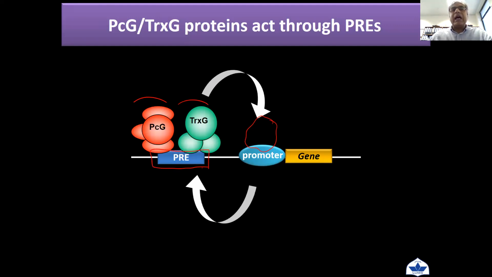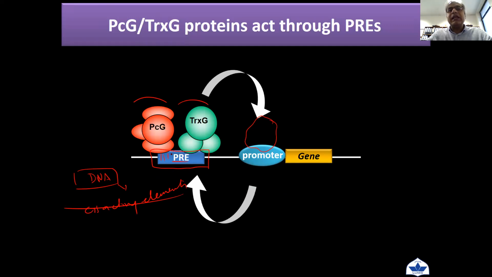In the late 80s and early 90s, it was shown that Polycomb and Trithorax bind to characteristic, very specific DNA sequences, which are cis-acting elements. They were referred to as Polycomb response elements.